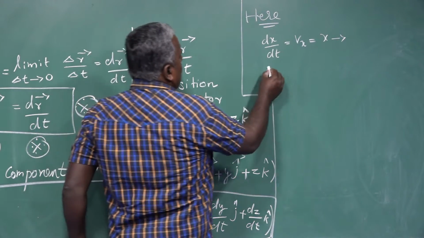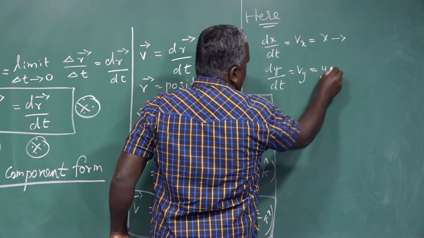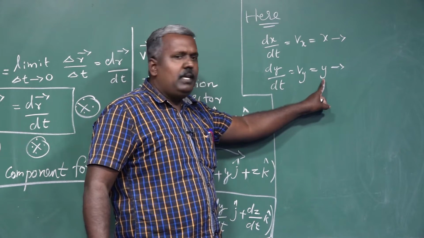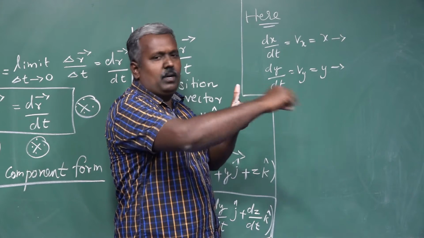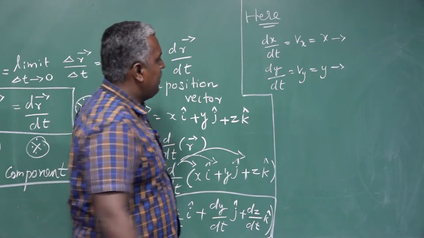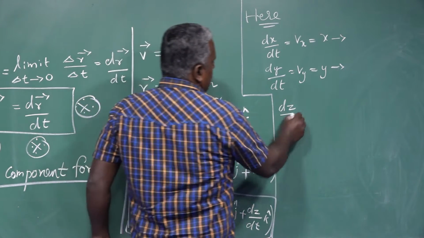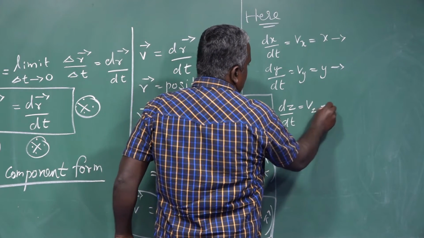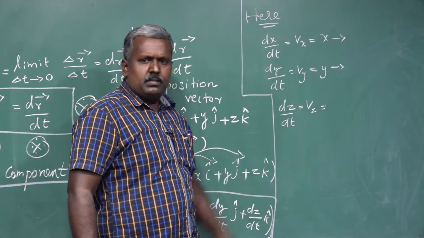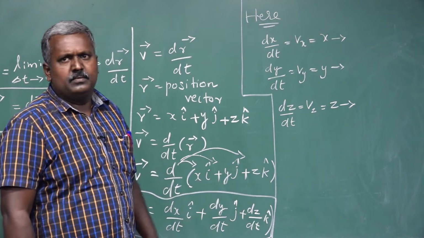Then dy by dt is equal to v suffix y, the y component of velocity along the y-axis. Similarly, dz by dt is equal to v suffix z, that means vz, the z component of velocity.